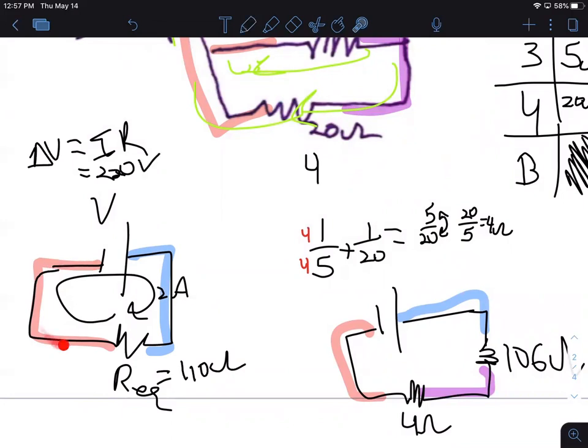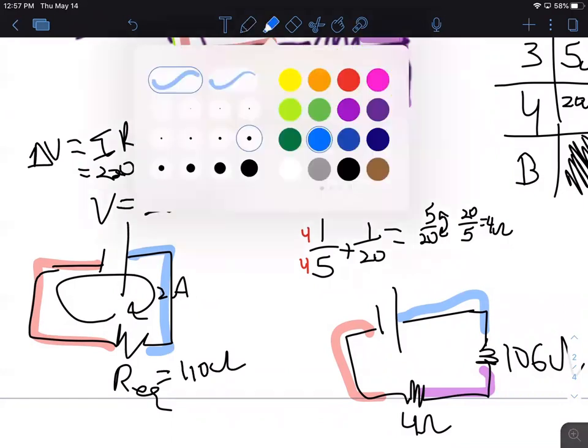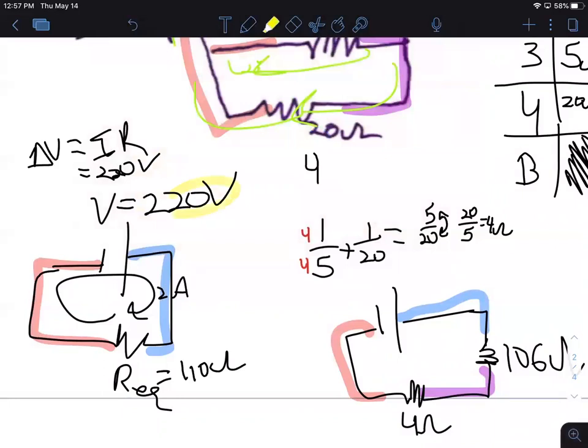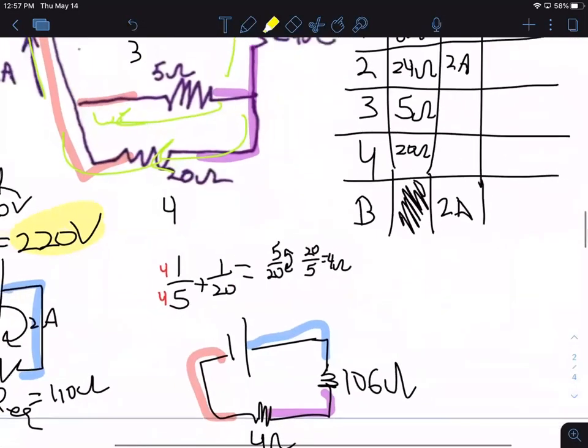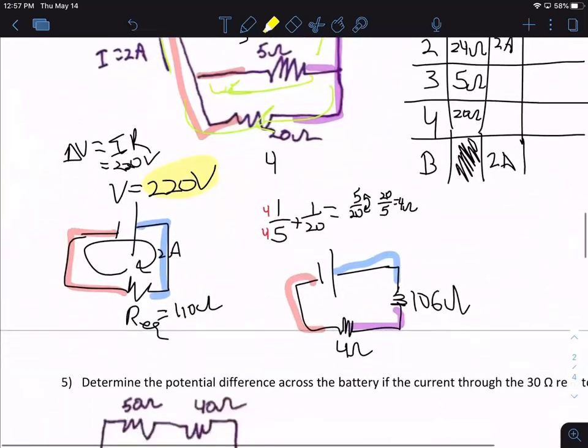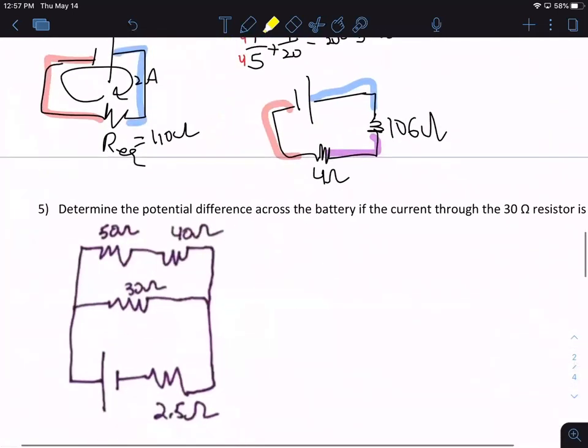So this is 0, this is 220, which means the battery has a voltage of 220 volts. Cool. I don't think this is a long video already. We're not going to go through it the other way.